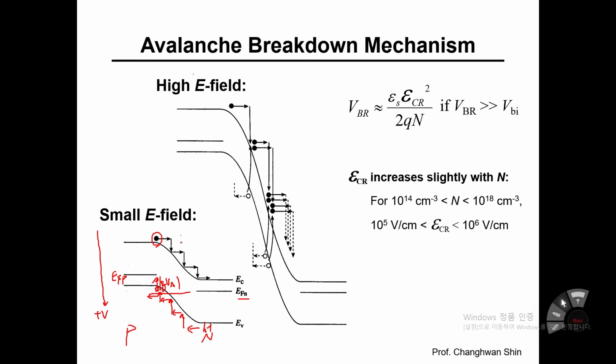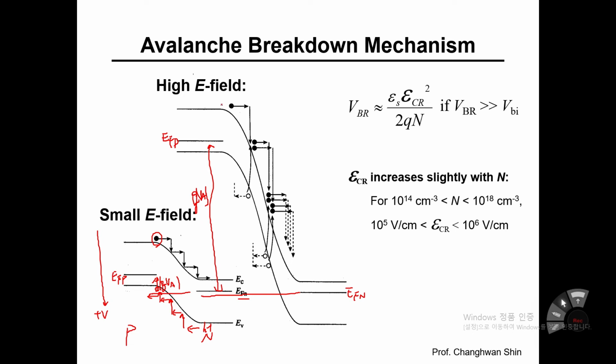Okay. However, once this energy difference between E sub F P and E sub F N becomes large, take a look at how high it is. Yes, this amount of huge reverse bias has been applied across the PN diode. Then some very interesting events would happen.